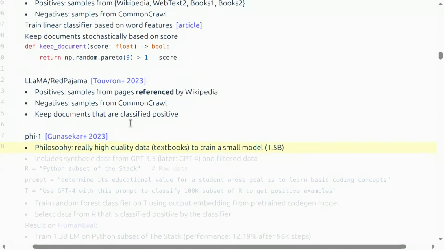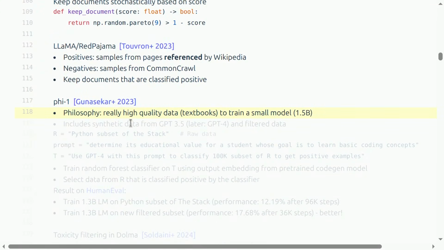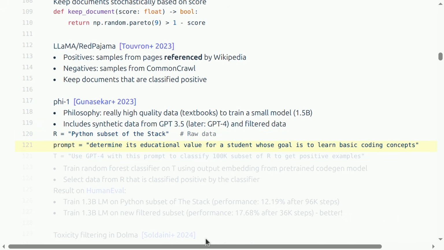Phi-1 from Microsoft also falls into this framework. They started with the raw data, which is the Python subset of The Stack, remember, which is all code.